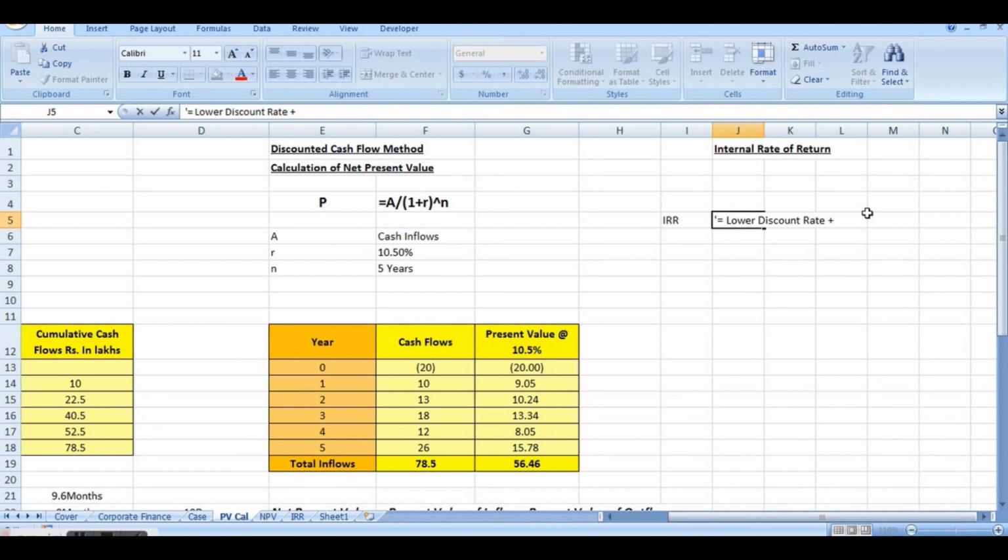NPV at this lower discount rate. This is also called the discount rate because at this rate you will be discounting the future values to present values.